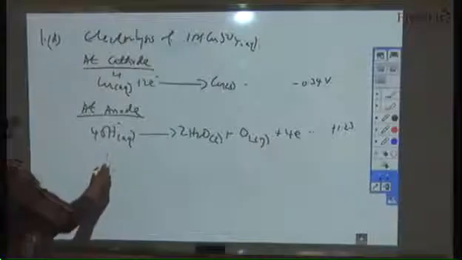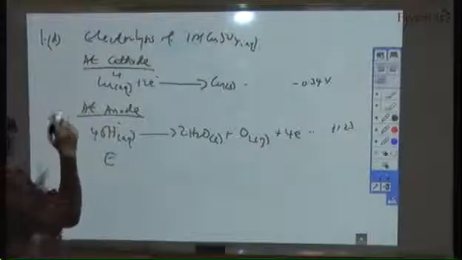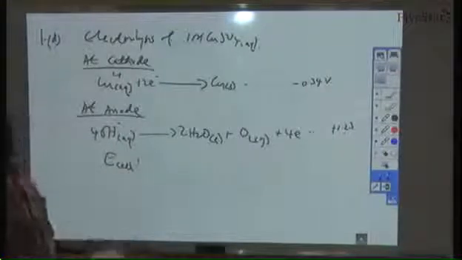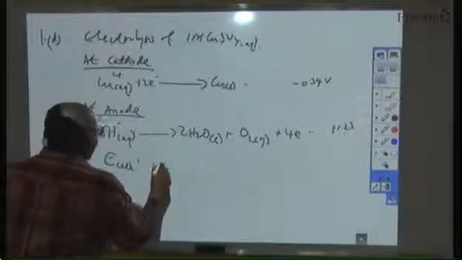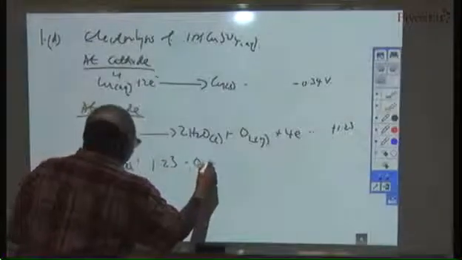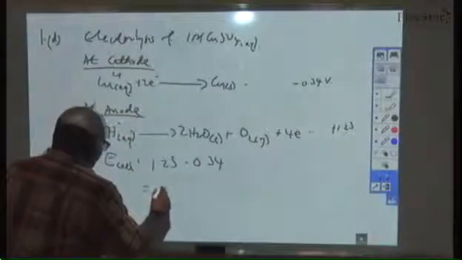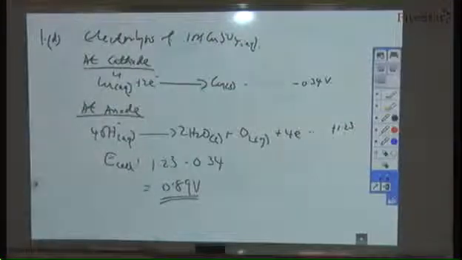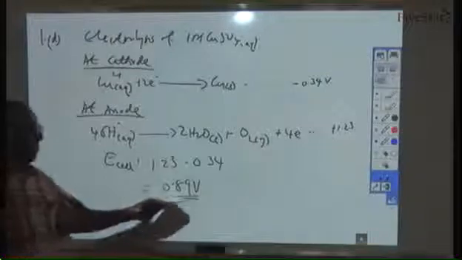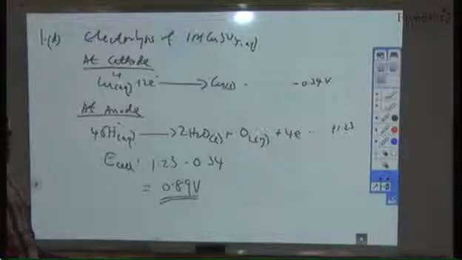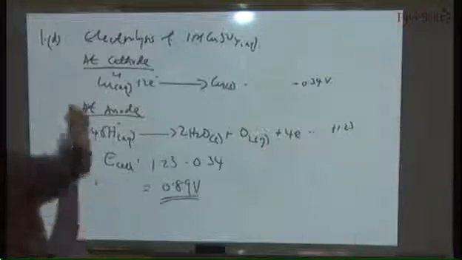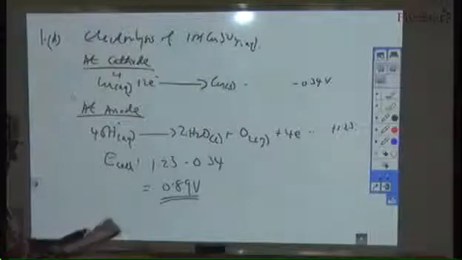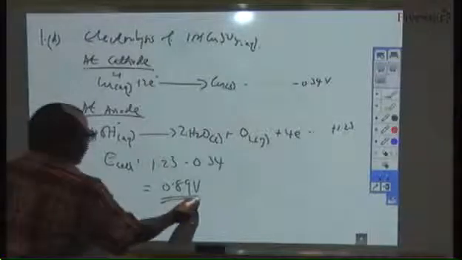Now, in such a cell, the EMF produced is equal to 1.23 minus 0.34. Since this is the voltage, the minimum voltage will be required to carry out this type of reaction to cause electrolysis of copper-2 sulfate. So the minimum voltage required is this one.